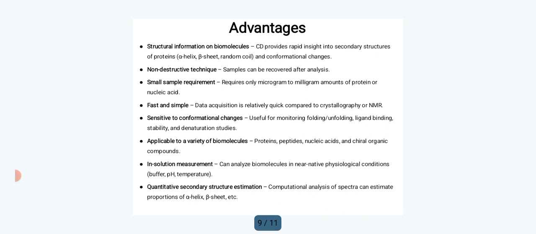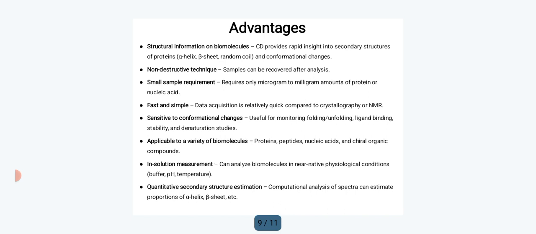It is fast and simple, quick compared to crystallography or NMR, and also sensitive to conformational changes, like folding or unfolding, monitoring stability, denaturation of proteins or denaturation of DNA or RNA. Apart from that, it is applicable to a variety of biomolecules: proteins, peptides, nucleic acids, chiral organic compounds.